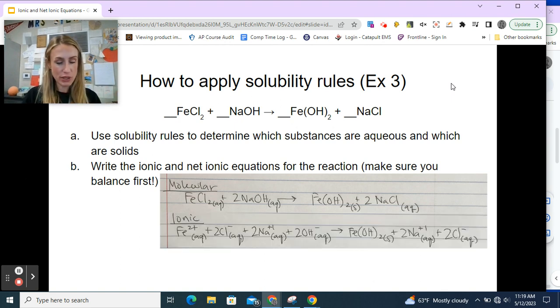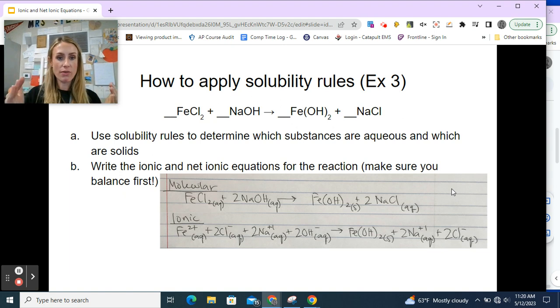Remember, you have to put your charges here, and if you have any subscripts or coefficients, those also go along with your ions. So I have the iron 2 plus ion plus 2 chloride ions plus 2 sodium ions plus 2 hydroxide ions. Notice how I keep that polyatomic ion together. And then that reacts to form our iron 2 hydroxide plus 2 sodium ions plus 2 chloride ions.